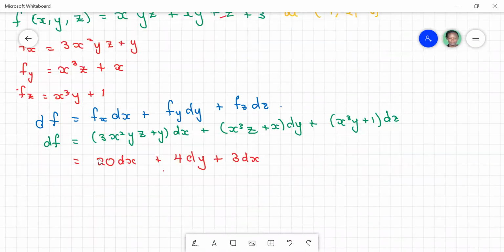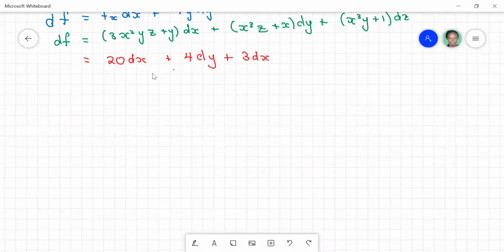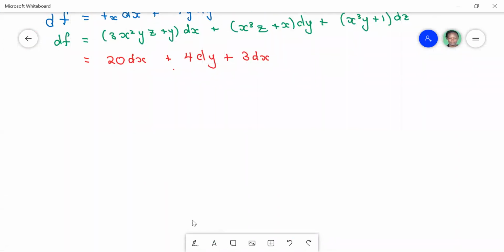So let's continue. Then the next thing we are looking at is the composites and implicit functions.